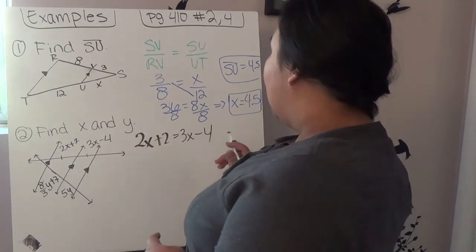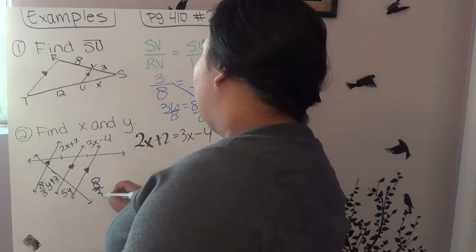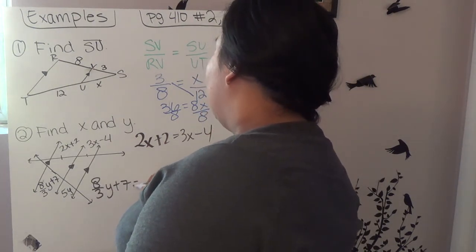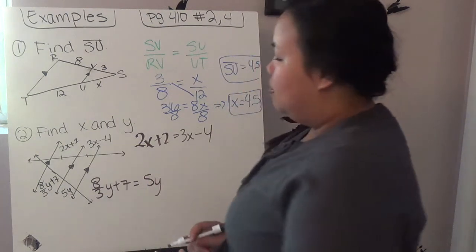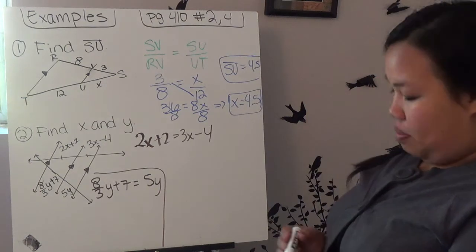So I can also say, I'll write it over here, 8 over 3 y plus 7 equals 5y. Okay? So then we can solve both questions.